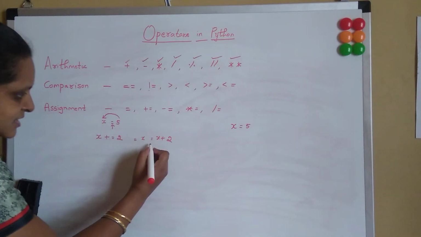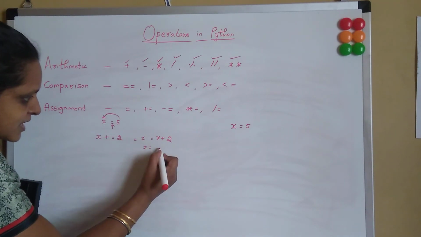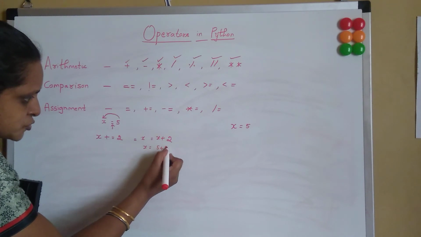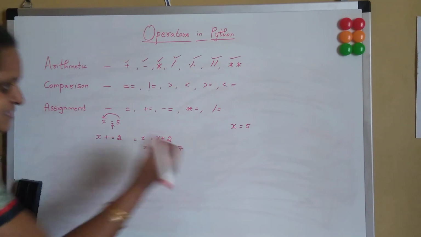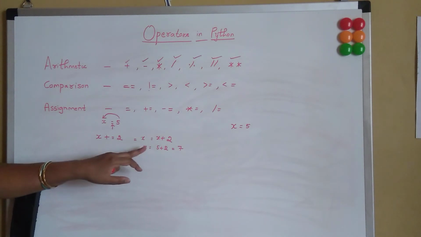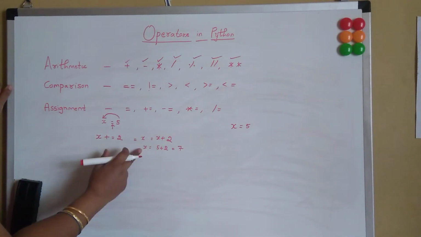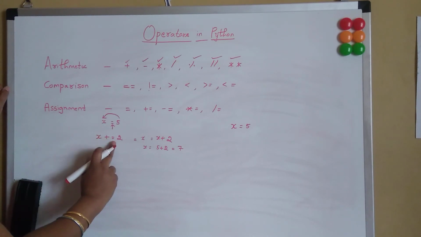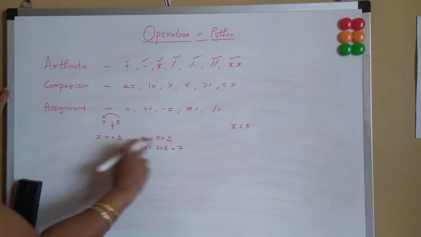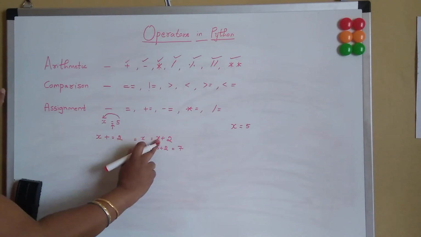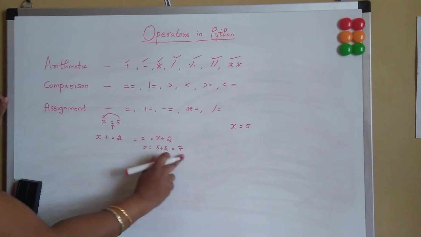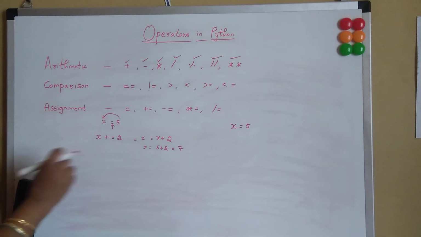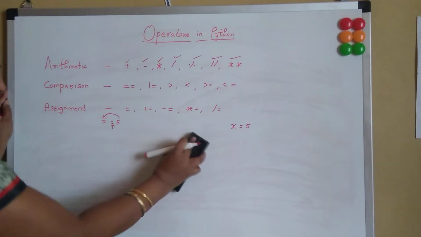Since x is 5, the new value of x becomes 5 plus 2, which is equal to 7. So the same variable is getting updated to 7, and x will have the value 7 stored in it.